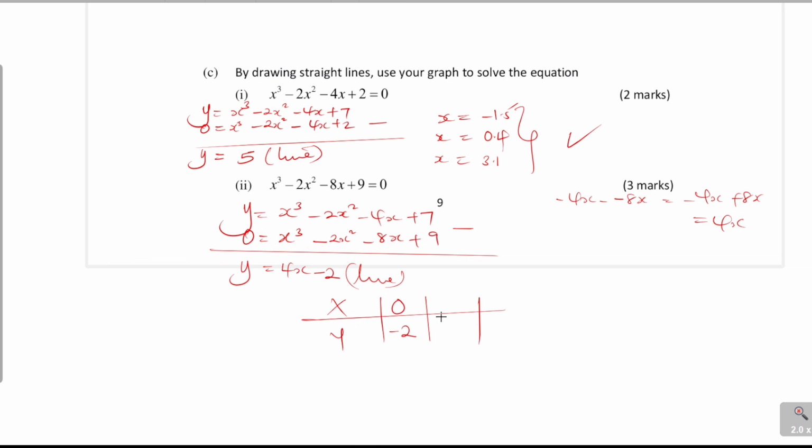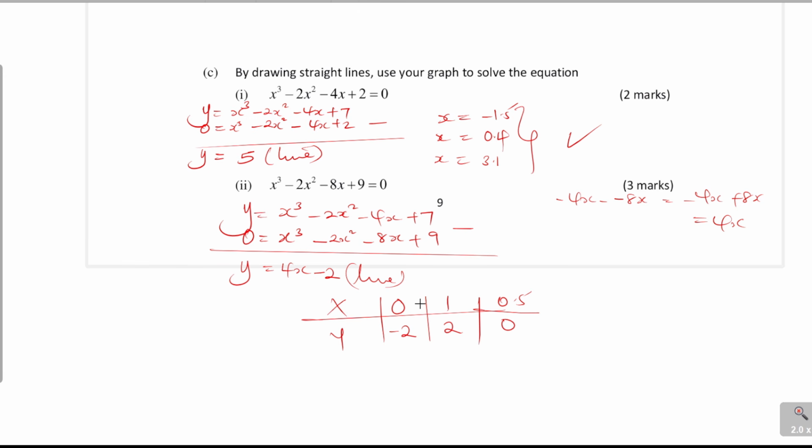When x is 1, this will be 4 subtract 2, that will be 2. When x is 0.5, y will be 0. 3 points are still okay. Use these points to draw that straight line.